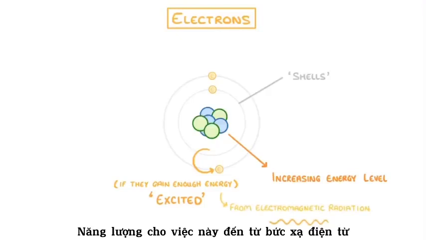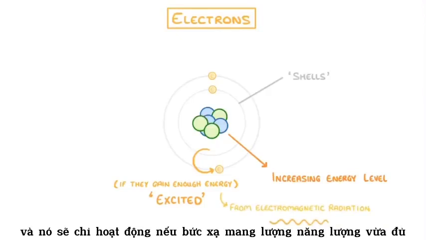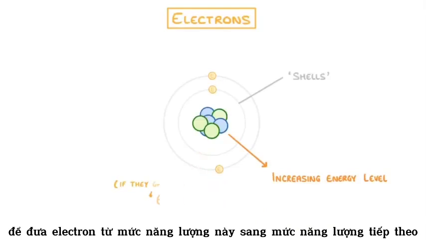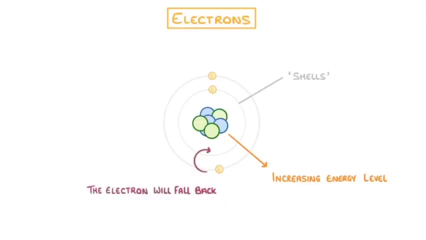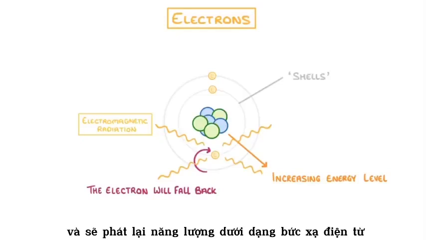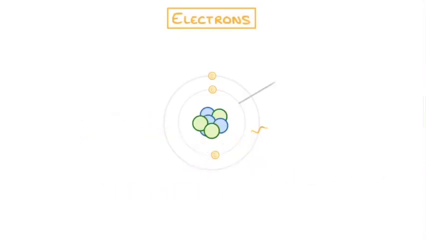The energy for this comes from electromagnetic radiation, and it will only work if the radiation carries just the right amount of energy to get the electron from one energy level to the next. Pretty soon afterward though, the electron will fall back down to the lower energy level and will emit the energy as electromagnetic radiation.